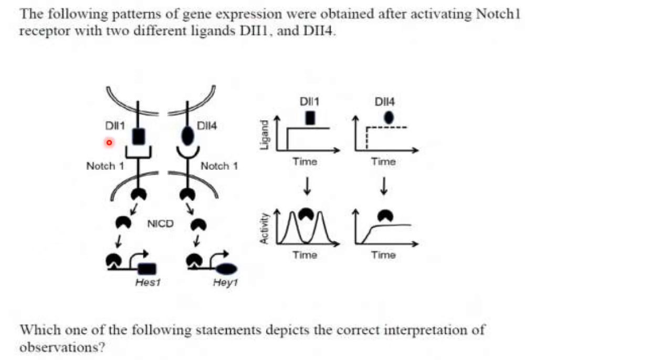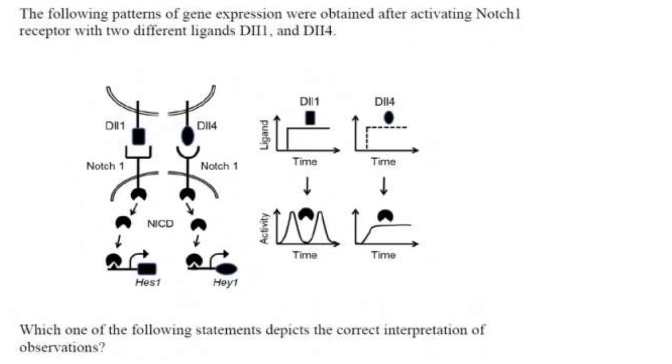Now D21 is one ligand, D24 is another ligand. These are the Notch1 receptors for each of D21 and D24 respectively. If D21 binds, then HES1 is activated. If D24 binds to the Notch1 receptor, then HEY1 is activated.